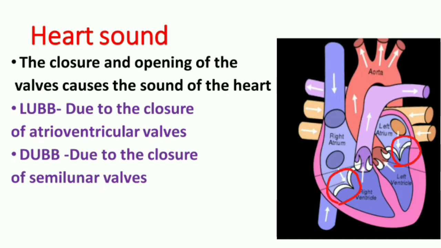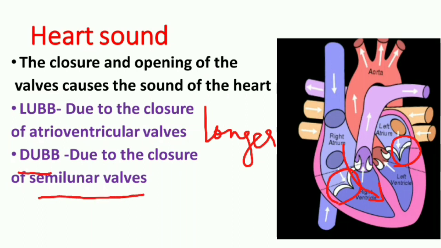When the blood flows from the atrium to the ventricles, the backflow of the blood is prevented by the closure of the atrioventricular valves. The closure of these valves creates the sound lub, which is longer in duration.